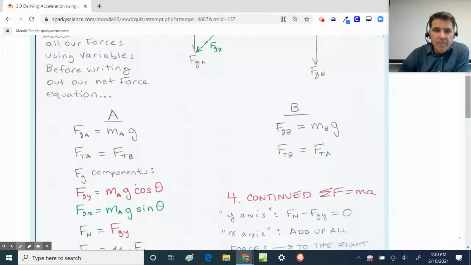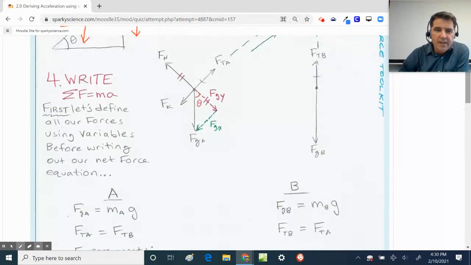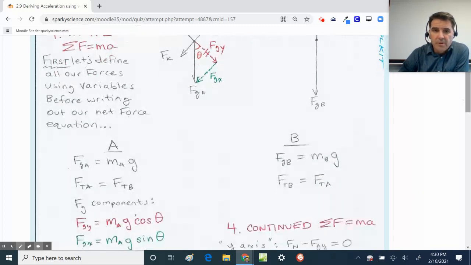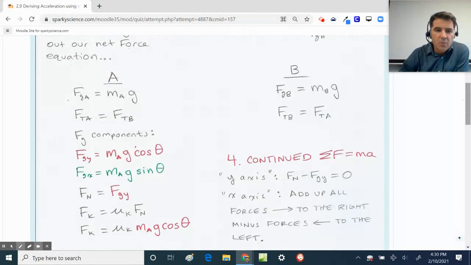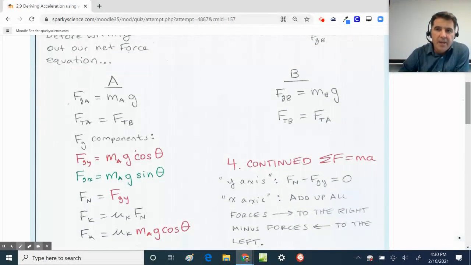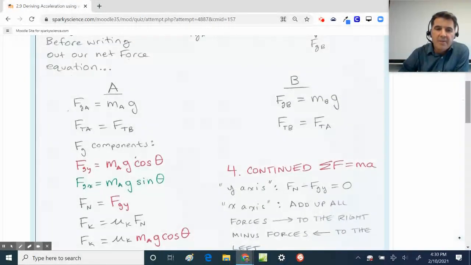Continuing on, since Fn is the opposite of FGY, then we can say that FGY and Fn are equal and opposite. They're going to balance each other out. Their net force will be 0 in this direction. So that says Fn is equal to FGY. Fk is always defined as mu sub k, which is the coefficient of kinetic friction, times Fn.